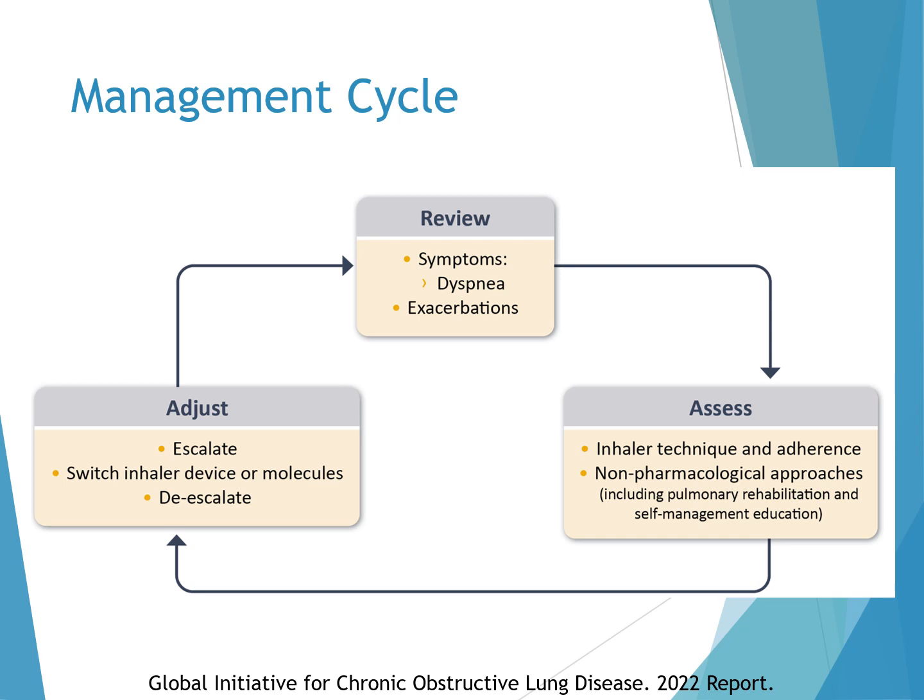At follow-ups, you would be reviewing symptoms, exacerbations, their smoking status, exposure to risk factors, inhaler technique, and the others listed here that we already reviewed. Patients may also need their pharmacotherapy adjusted, as well as non-pharmacological therapy options discussed.